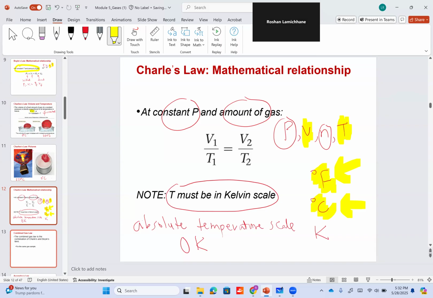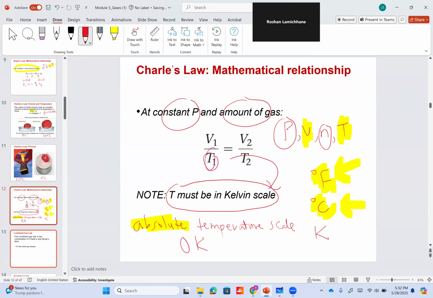But Kelvin can never be a negative value. That is why it's called the absolute temperature scale, right? And it makes sense. If you look at our formula, if temperature were negative, my volume would be negative. What the heck does that even mean, when volume is a negative number? And that is why the temperature always has to be in Kelvin scale.